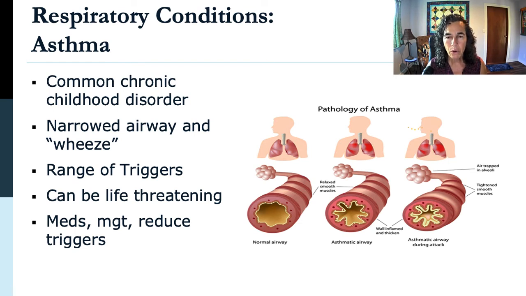We also know, interestingly, that children who are born in low socioeconomic status and have a range of adverse childhood events tend to have higher incidences of asthma or to develop asthma.